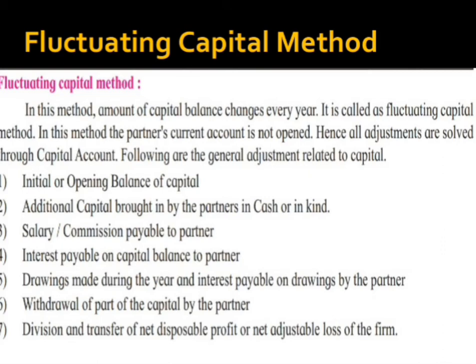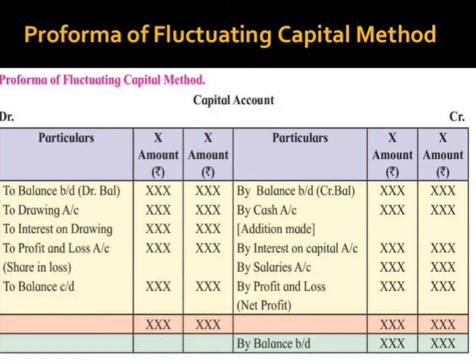If we see the pro forma of the fluctuating capital method, whatever I told you, just recall: by balance brought down; by cash account, which means if a partner brings additional capital, then we debit cash account and credit capital account.